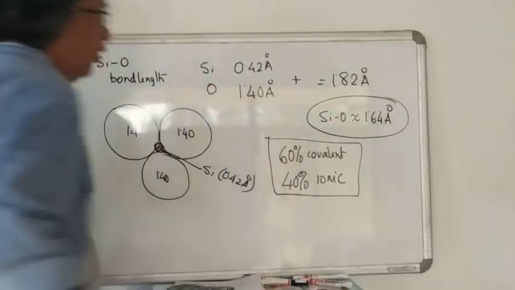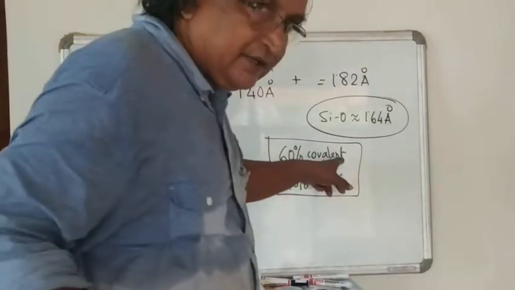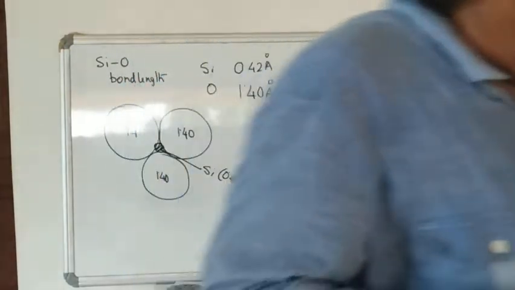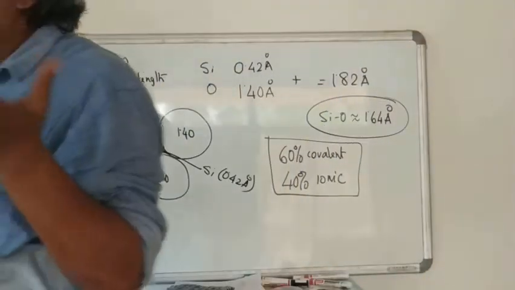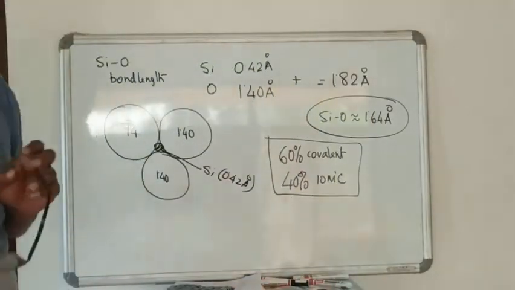The SiO4 bond is 60% covalent and 40% ionic. So essentially, properties of covalent elements dominate in the silicon-oxygen bonds.